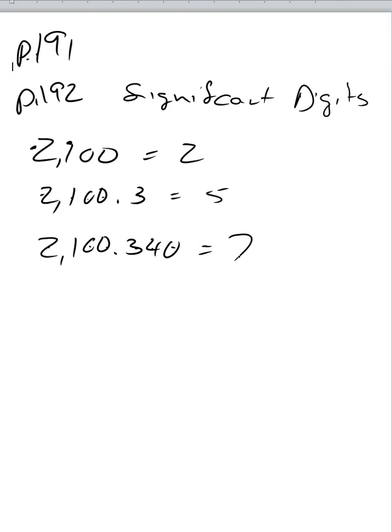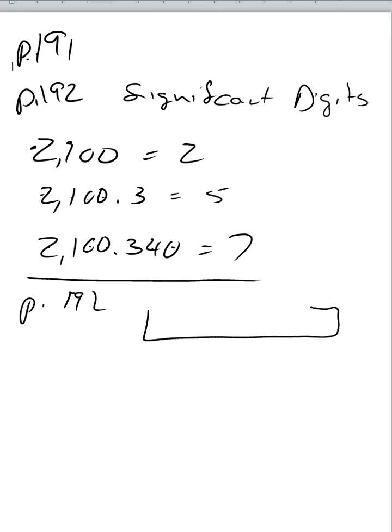That also leads into the greatest possible error of a measurement. When you go to measure something, your greatest possible error is half of the unit you are measuring to. This begins on page 192 also. Let's say you've got a 12-inch ruler here, and it goes by inches.